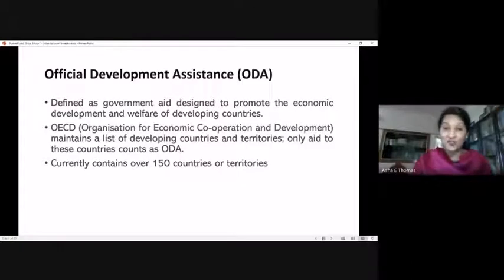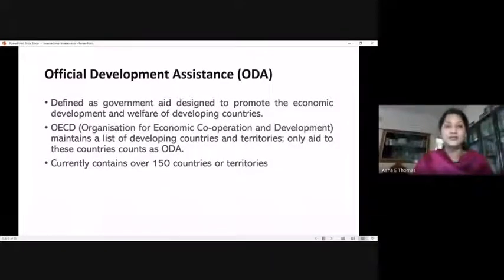The Organization for Economic Cooperation and Development maintains a list of developing countries and territories, and if aid is given to these countries, it will qualify under the category of ODA. Currently, that list contains 150 countries or territories.